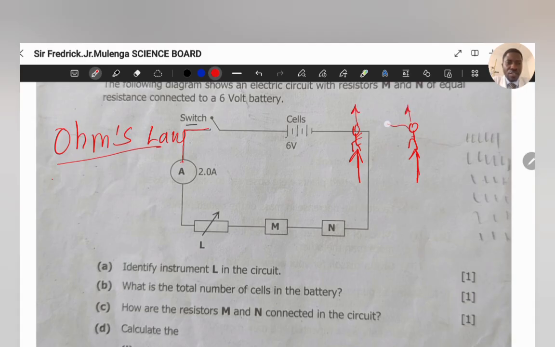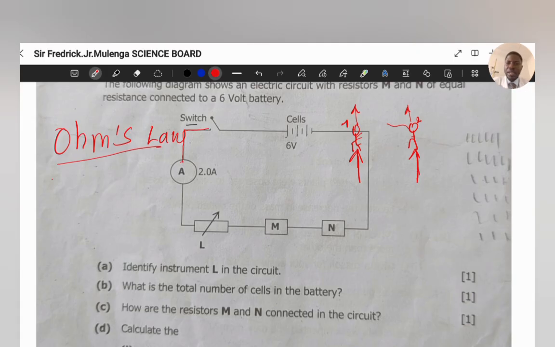The moment this one sees the other person, human 2 also increases the speed. Human 1 also sees that human 2 is running faster and increases the speed. So these two are directly proportional to each other, because whenever someone sees the other one increasing the speed, the other one also increases the speed.